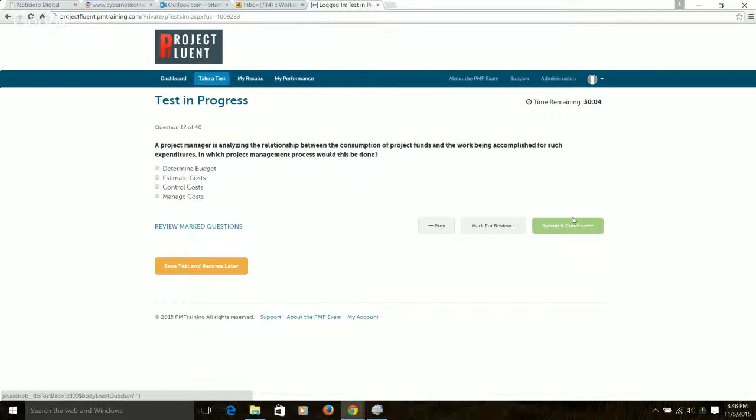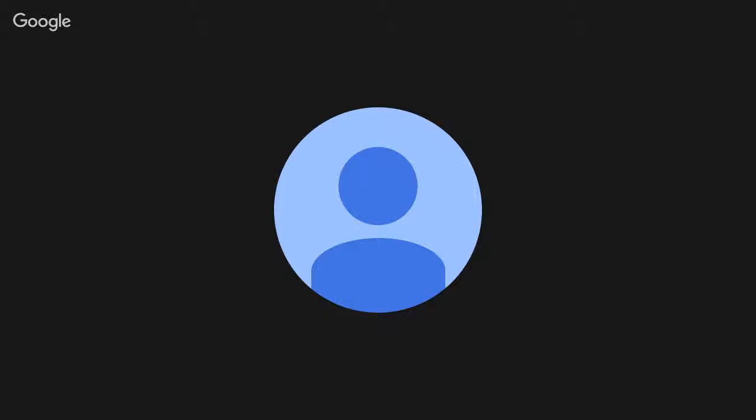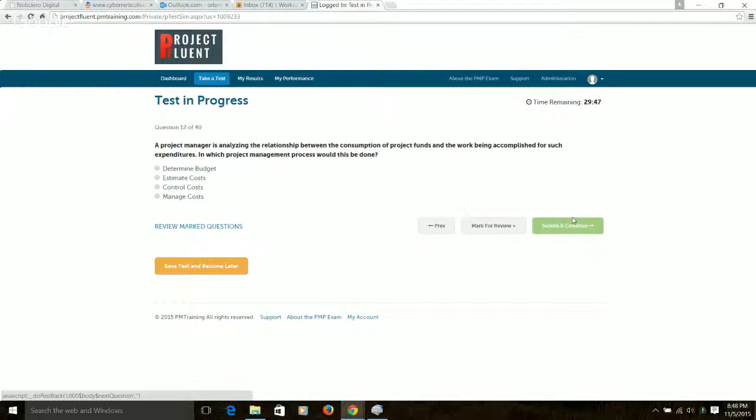In which project management process will this be done? Option A, determine the budget. Option B, estimate costs. Option C, control costs. Option D, manage costs.